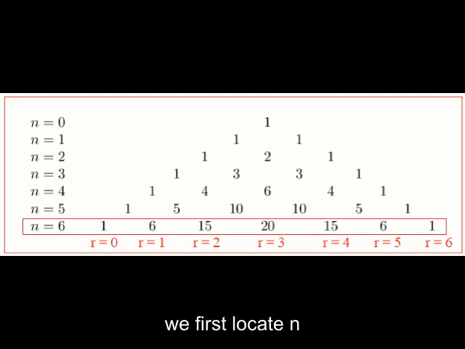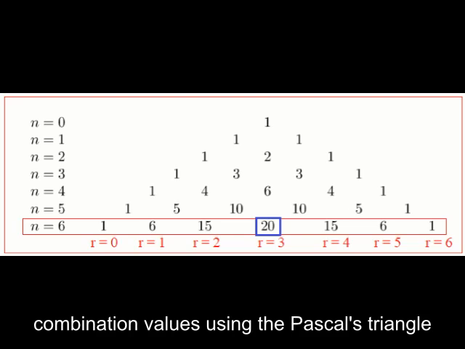So again, you first locate n. This level is n equals 6. And then from left to right, you start with 0, 1, 2, and then 3. So 6 choose 3 is equal to 20. And so that's how we find combination values using Pascal's triangle.